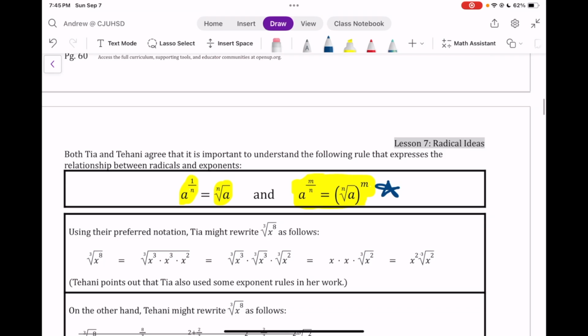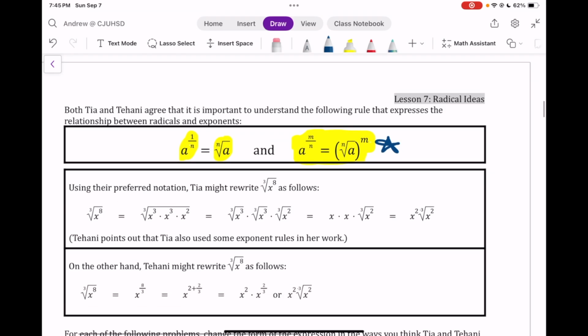Using their preferred notation, Tia might rewrite the cube root of x to the 8th as follows. So she breaks 8 into 3, 3, and 2. She can take the cube root of x to the 3rd and turn it into an x. She can take another one and do it as an x again.